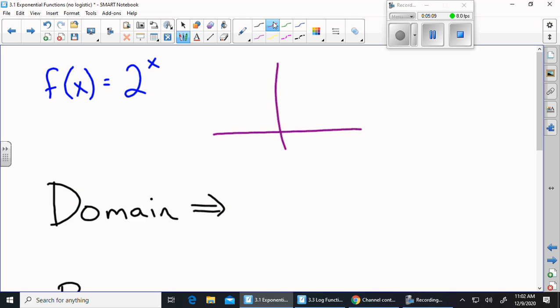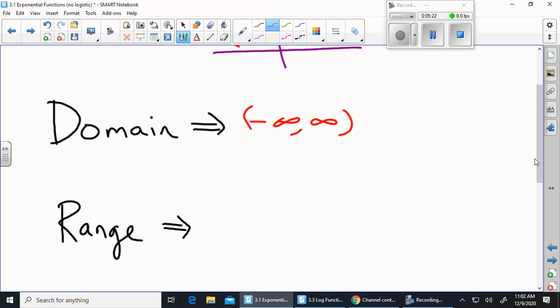Basic function was really e to the x, but we looked at growth and decay. When we look at 2 to the x, domain, negative infinity to infinity. Range, sorry, not 0 to 1, 0 to infinity, but they're both parentheses.